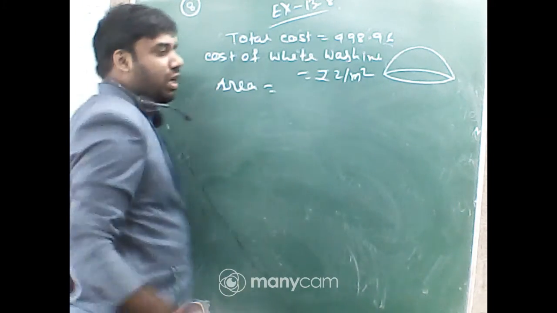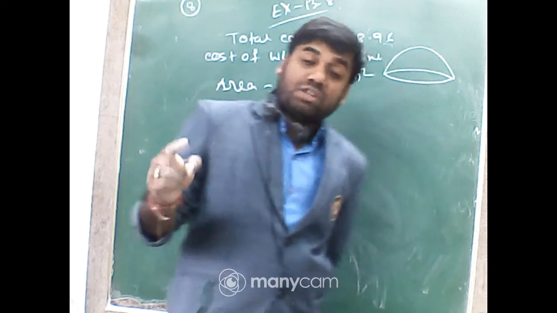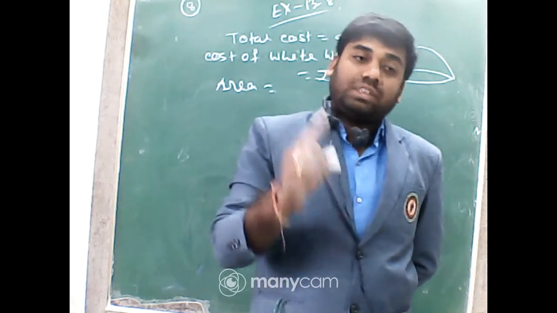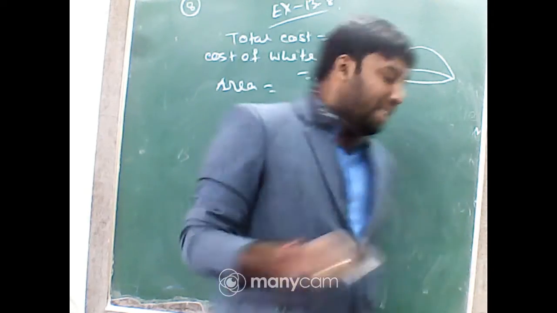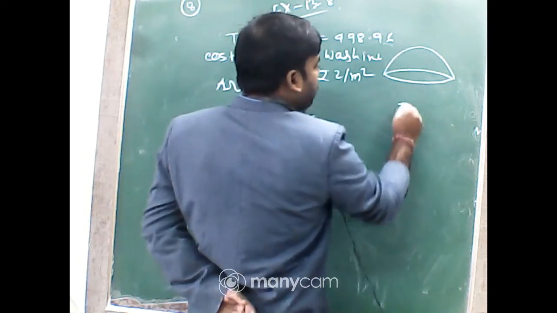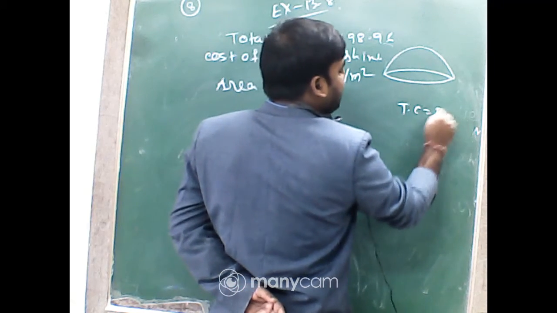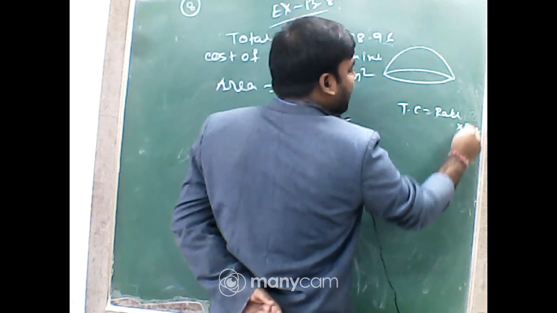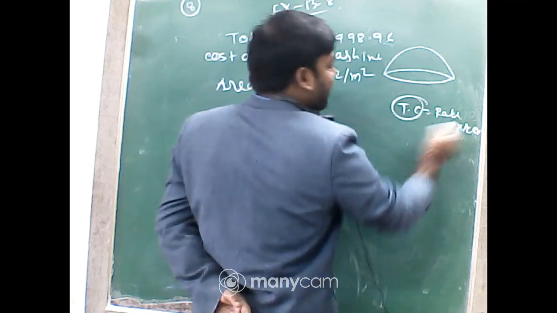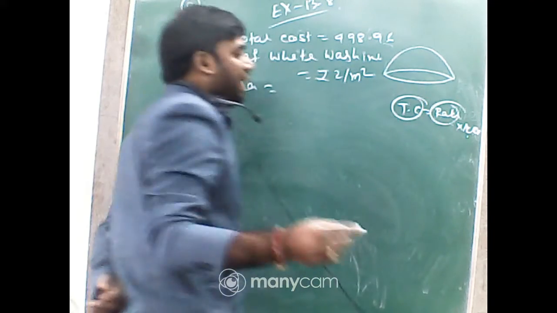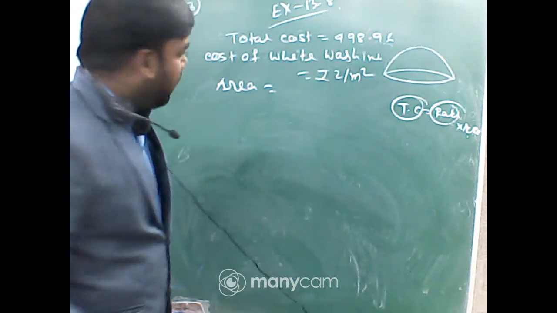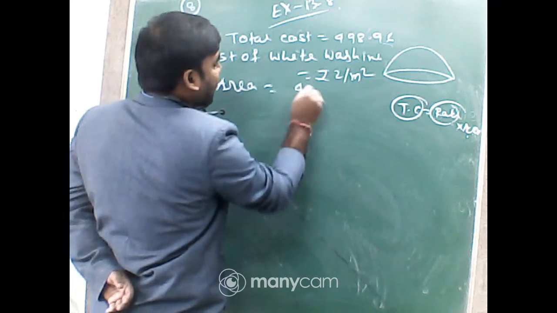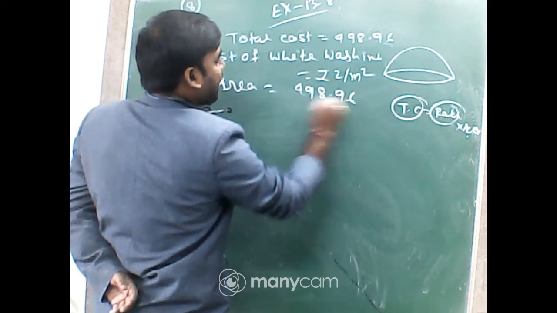Now students, in case of area, I have told you total cost equals rate into area. In this case, total cost is given, rate is given, then we can easily find out the total area. So area will be 498.96 by 2.